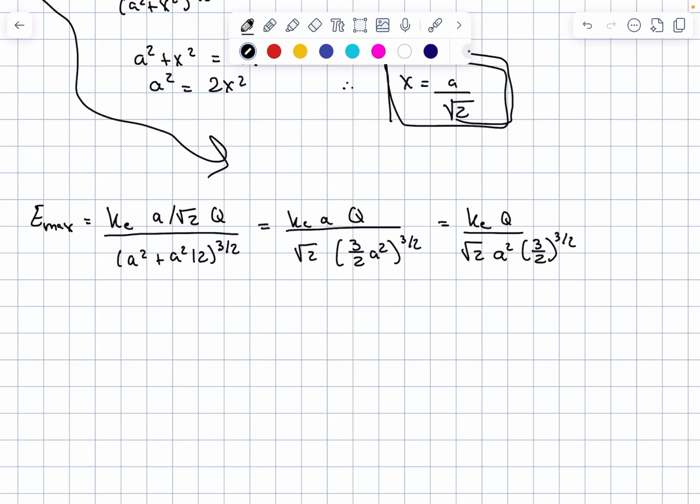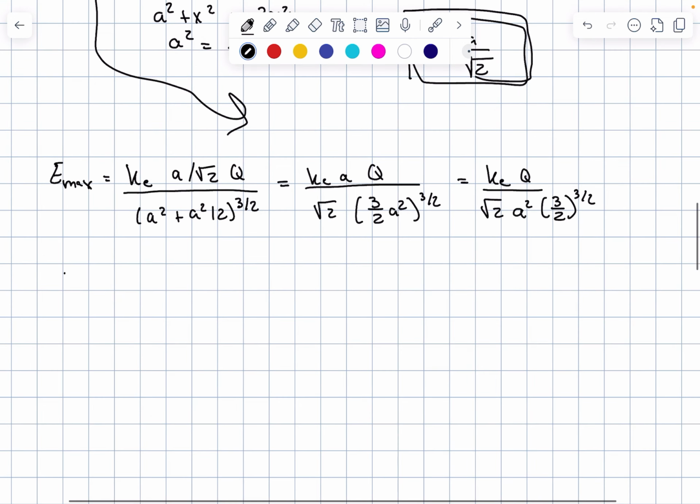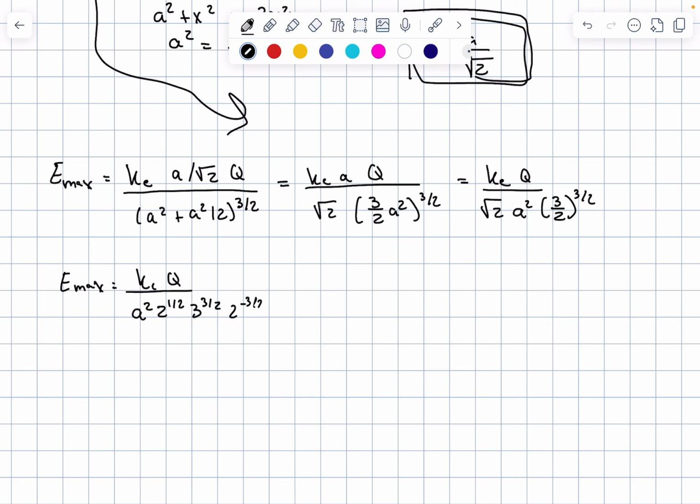And then we just have to keep going. And we see that this is equal to k_e Q over a squared, and I'm just simplifying to get it into the shape that I want it to be in, and that's about it.